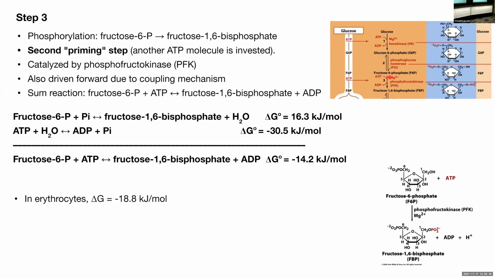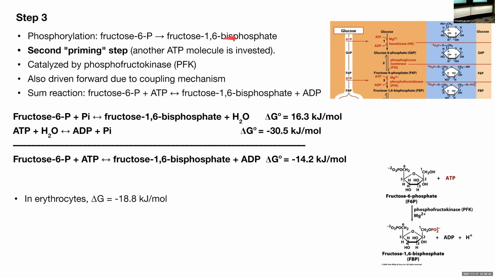And the next step right here is converting fructose 6-phosphate to fructose 1,6-bisphosphate. That means it adds another phosphate group here, especially at C1, to make the bisphosphate molecule.